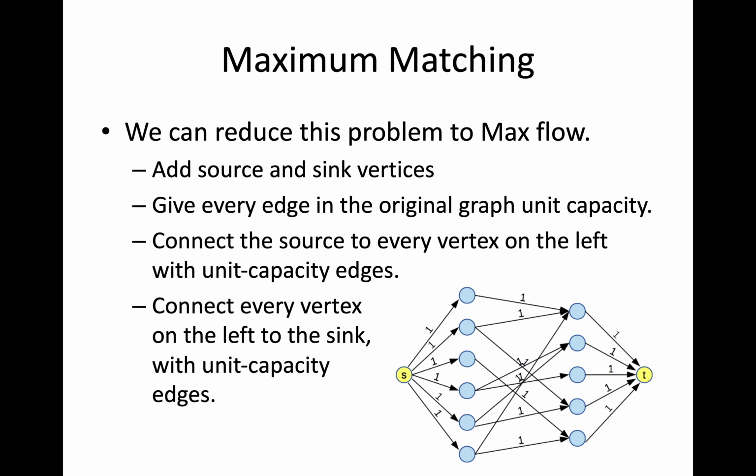So that's a rather informal way of arguing why, if you build this network flow graph, the maximum flow that it finds must pair up as many vertices on the left as you can with one corresponding vertex on the right.